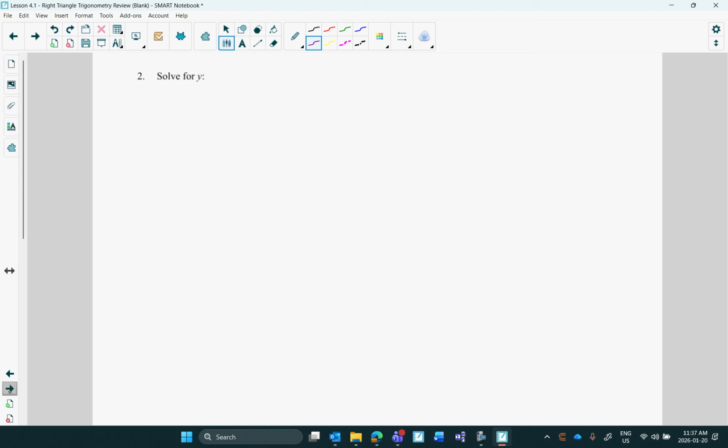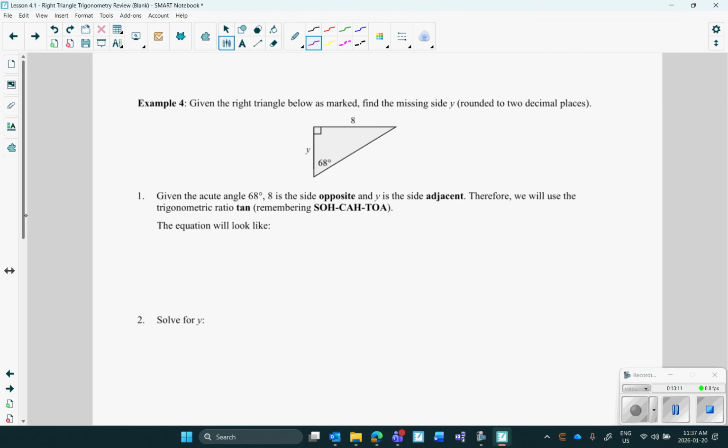The second type is we're asked to find a side again, but when we set up the equation, the unknown's going to be on the bottom. So in this one, here's the acute angle I'm dealing with. I'm given 68.